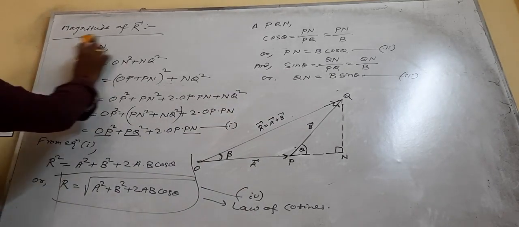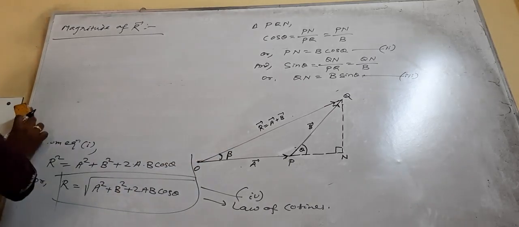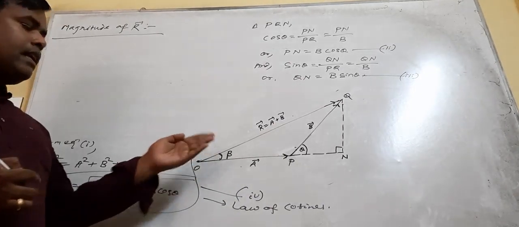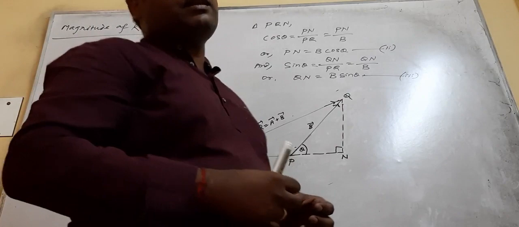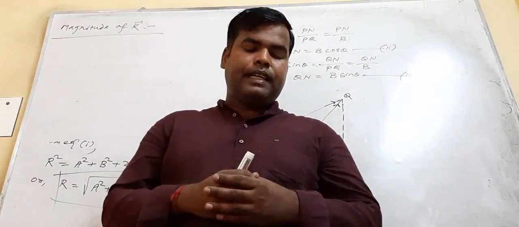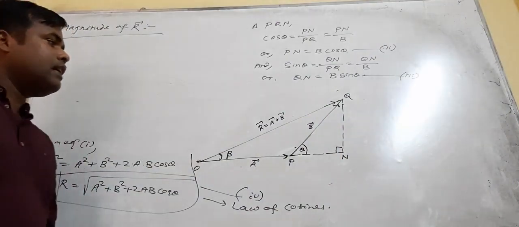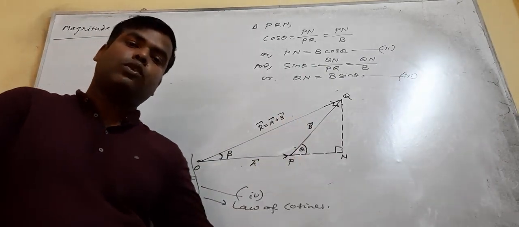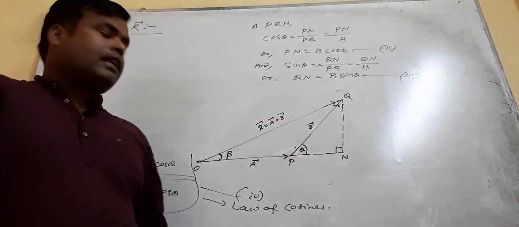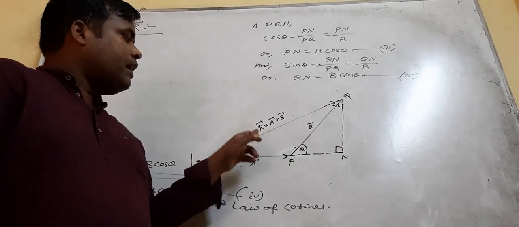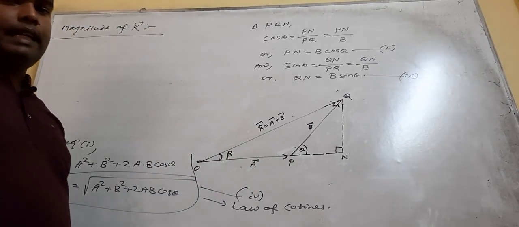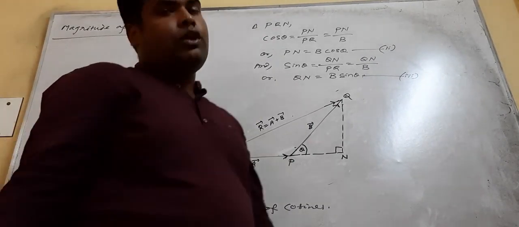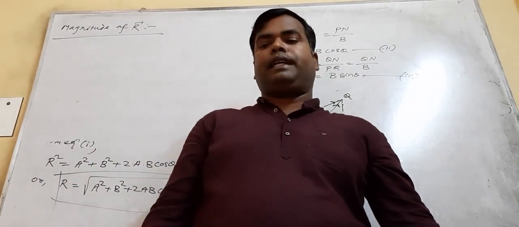Now the question arises, from this angle beta, how can we know the direction of the resultant vector? If you find beta is 0 degree, it means the resultant vector has the same direction as that of A vector. A vector direction is known to you. If you find this beta is 90 degree, it means the resultant vector acts at 90 degree angle to the direction of A vector. That means in terms of beta, we can know the direction of the resultant vector.